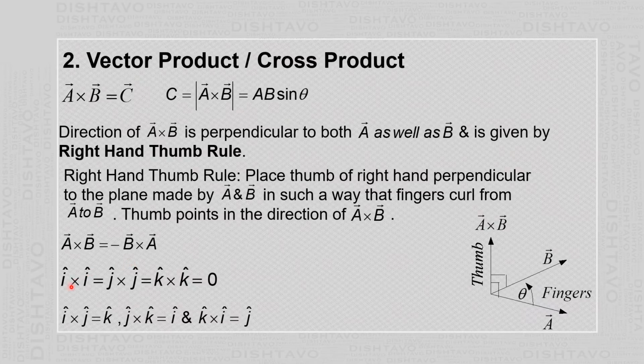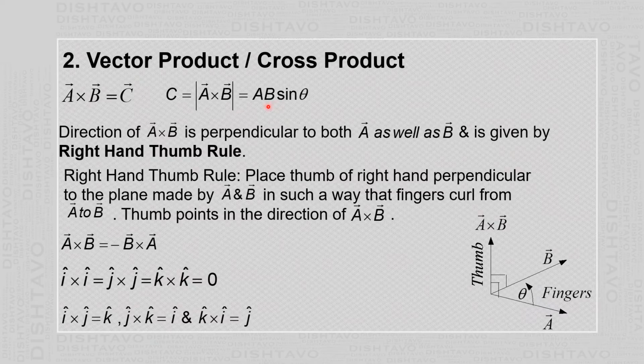Then the cross product of the unit vectors: I cross I, the angle between the same vector is 0, so sine 0 is 0, so that's why the cross product is 0. Then I cross J, the angle is 90 degrees, sine 90 is 1 and the magnitude of I cap is 1, J cap is 1.